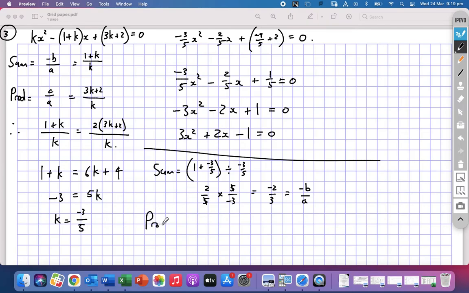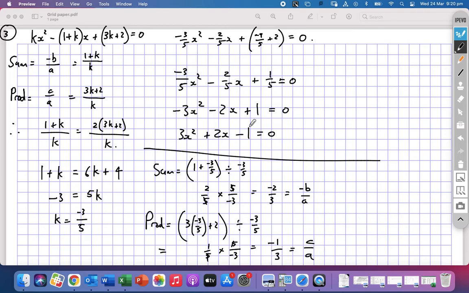Okay, product equals 3k plus 2. I already did this here. 3k, k is minus 3 on 5, plus 2, all of that divided by k, equals, now here we had minus 9/5 plus 10/5, that's 1/5 divided by, same as times the reciprocal, minus 1/3 equals c on a.